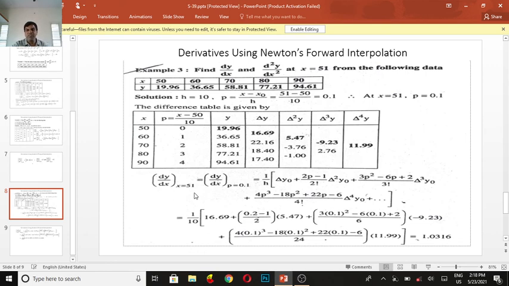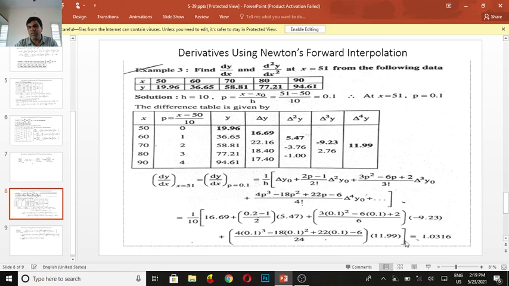So, substituting for dy by dx at x equal to 51 and p equal to 0.1, we get 1 by h times del y naught plus 2p minus 1 by 2 factorial del square y naught plus 3p square minus 6p plus 2 divided by 3 factorial del cube y naught plus 4p cube minus 18p square plus 22p minus 6 divided by 4 factorial del raised to 4 y naught, etc. By using suitable substitutions, we get 1 by 10 of 16.69 plus the remaining terms.